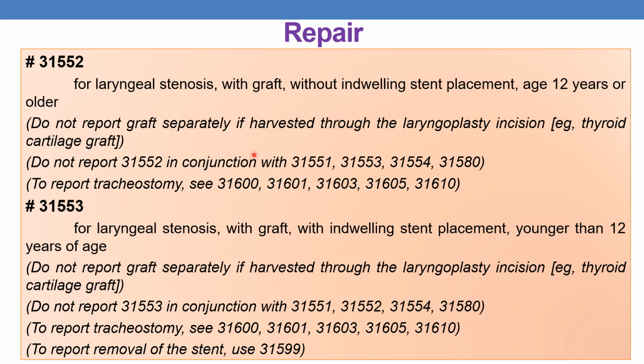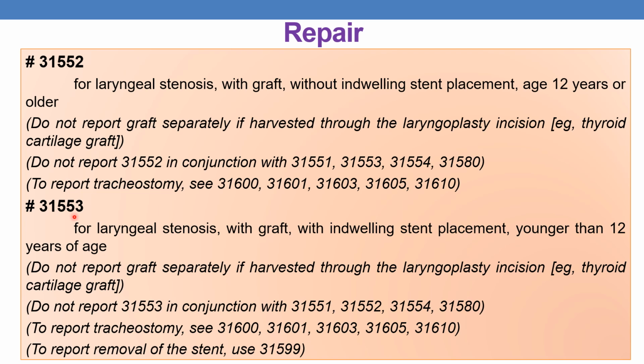And do not report graft separately if harvested through the laryngoplasty incision, for example, thyroid cartilage graft. And do not report 31552 in conjunction with 31551, 553, 554 and 31580. And to report tracheostomy, see 31600, 31601, 603, 605 and 610.